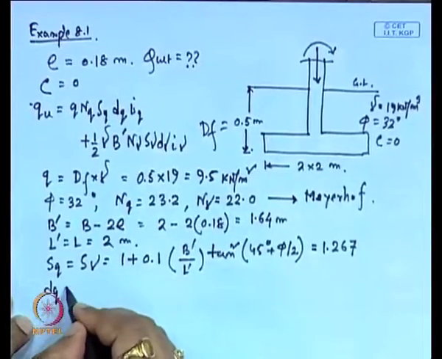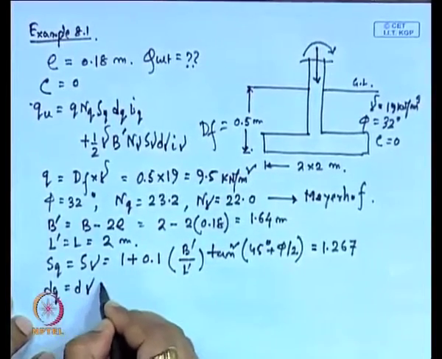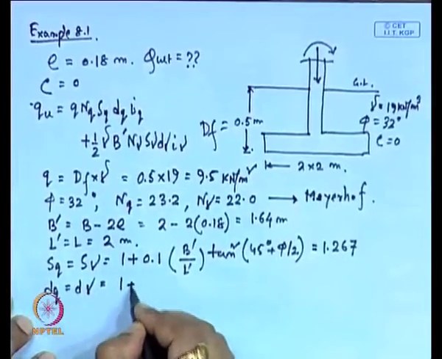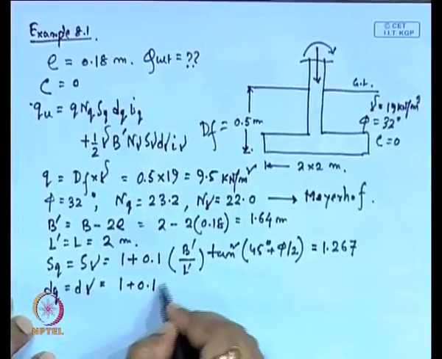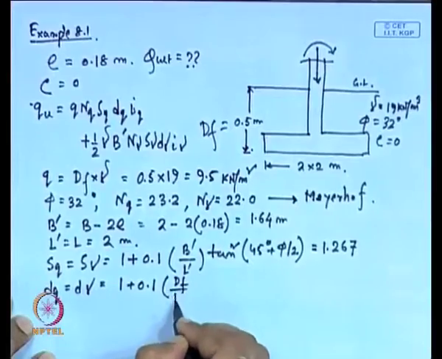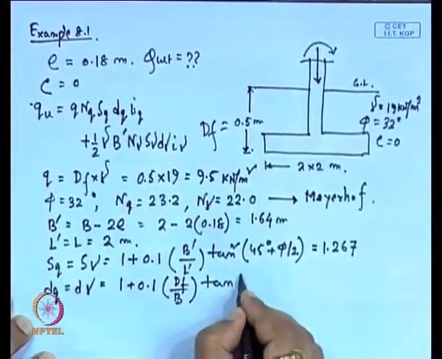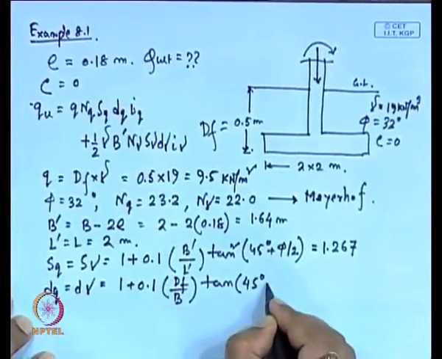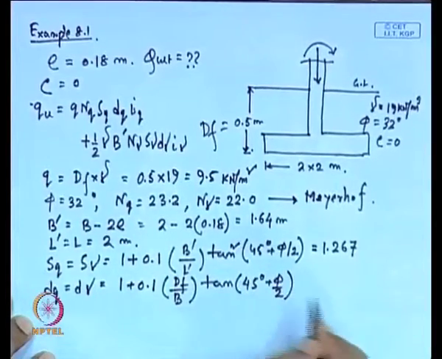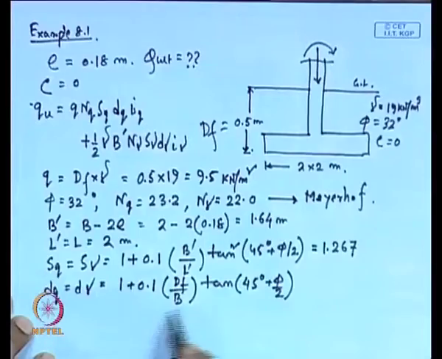Similarly, d q is equal to d gamma, that is equal to 1 plus 0.1 Df divided by B into tan of 45 degree plus phi by 2. Here also the value is from the table.